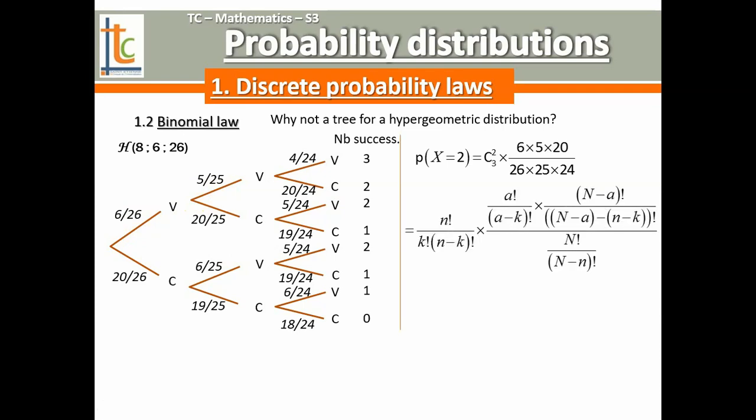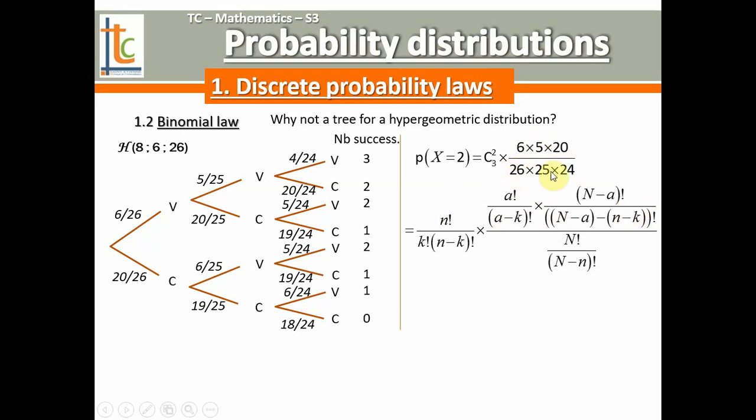I won't describe it in detail, but here is the general formula that corresponds to what we wrote for our single example at the top. 6, 5 is the representation of this fraction. 20 is, in fact, the representation of this fraction, so it's not very simple.